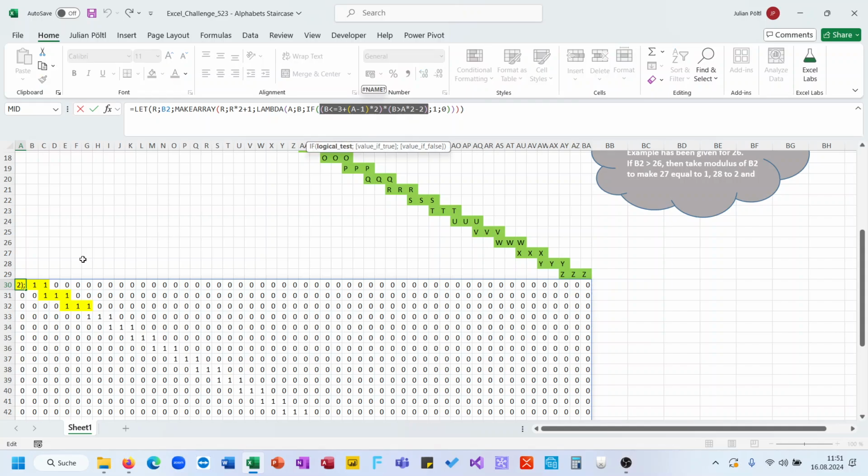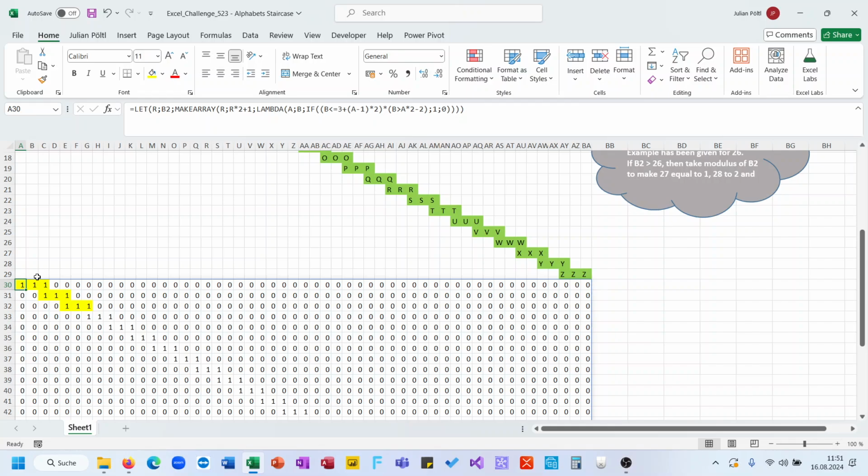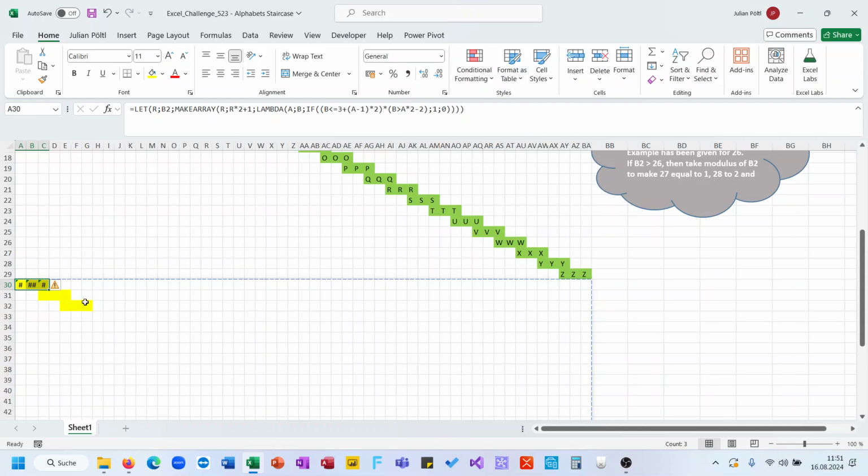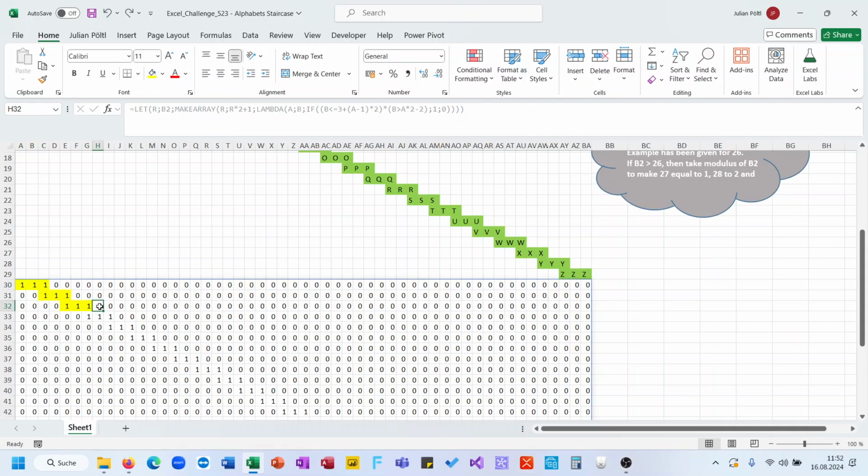So our columns B should be smaller than 3 plus A minus 1, times 2, that we have here for the ending. And then B should be larger than A times 2 minus 2 to have the starting, and there you get the structure decently.